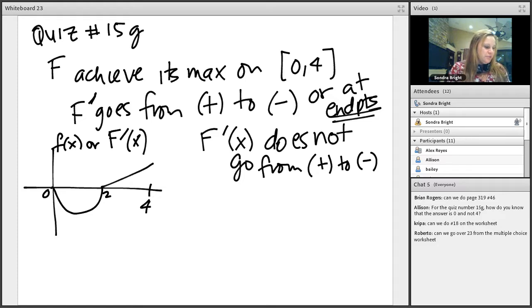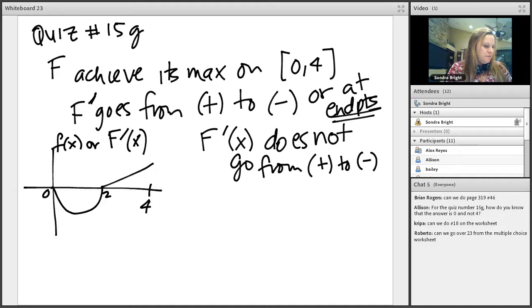And so that's what you had to do, you had to check the endpoints. And you've got it achieves a minimum of 2, and then what did we say?